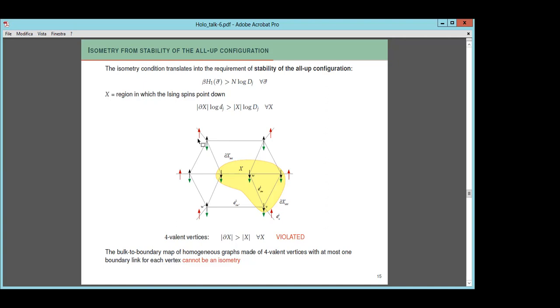But this is not true for the whole graph, for example, because we are assuming that every vertex has at most one boundary link. And this means that for this class of homogeneous graphs, the flow of information from the bulk to the boundary cannot be an isometry.